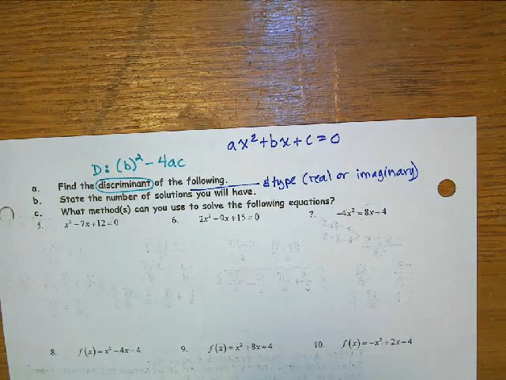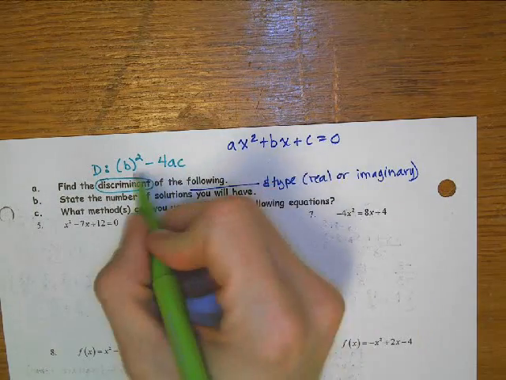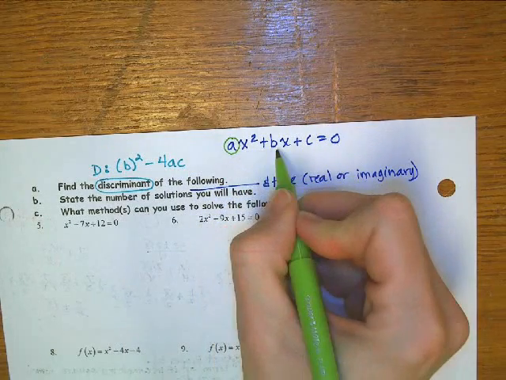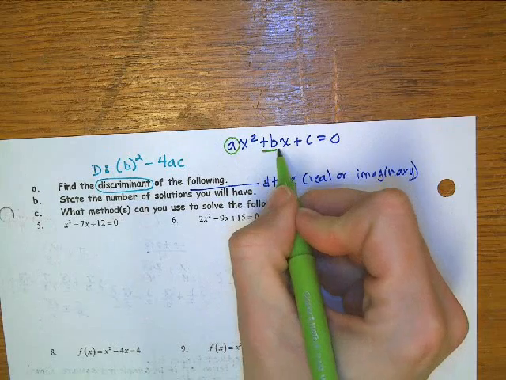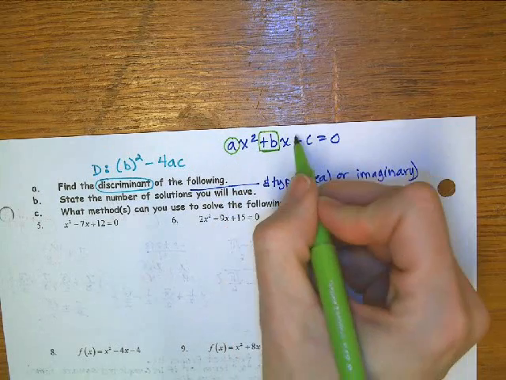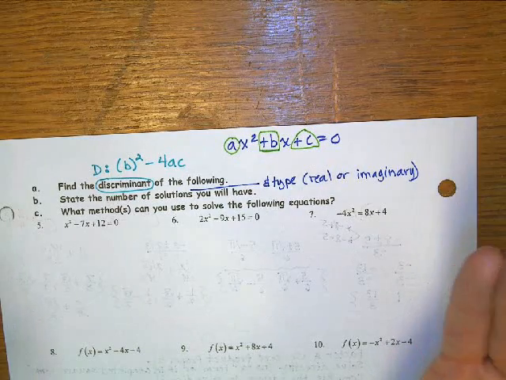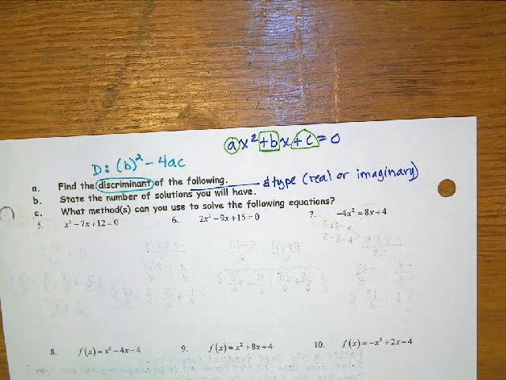A is always the coefficient of x squared, b is always the coefficient of x, and c is always the coefficient of the 0-powered x, or the constant.